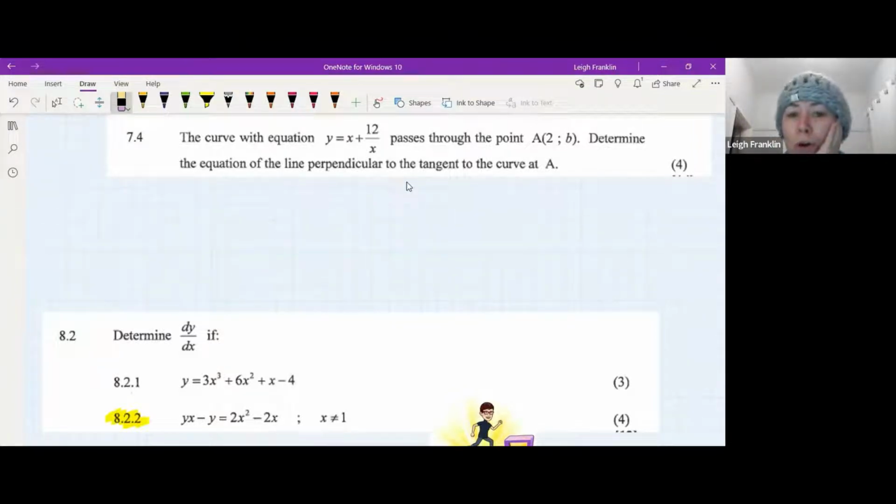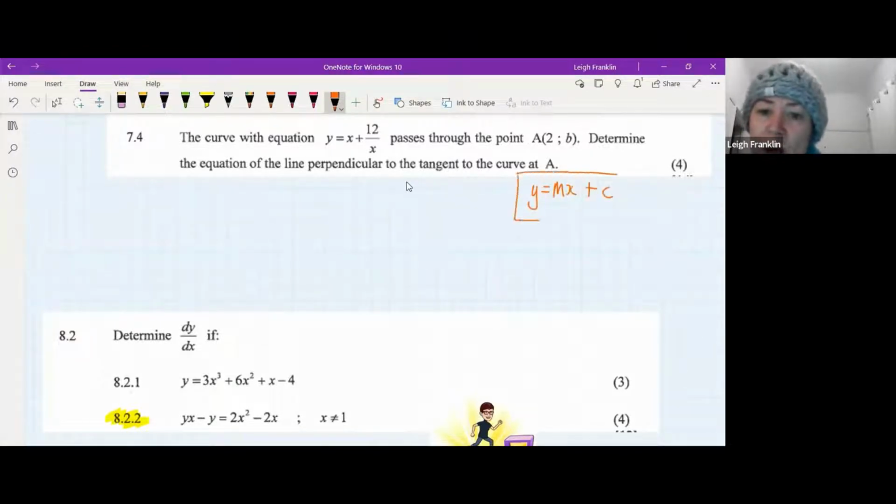So if we want to work out the equation of the line that is perpendicular, essentially they're asking us to work out y equals mx plus c. That's what they want from us, the equation of the line.